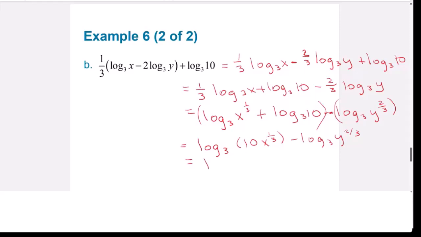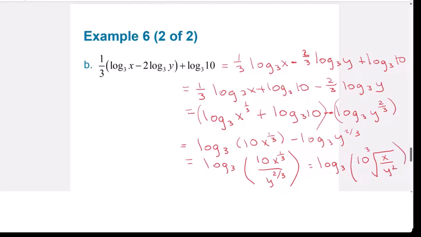This becomes the log base 3 of 10x to the 1/3 divided by y to the 2/3. Or this is equal to the log base 3 of 10 times the cube root of x over y squared.